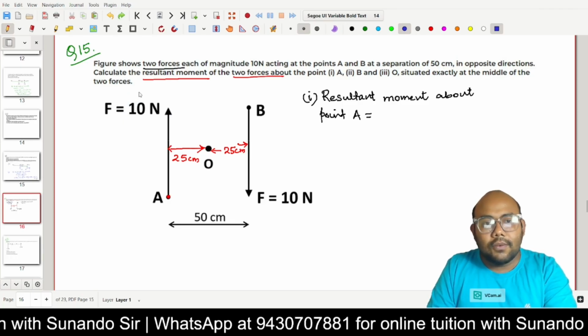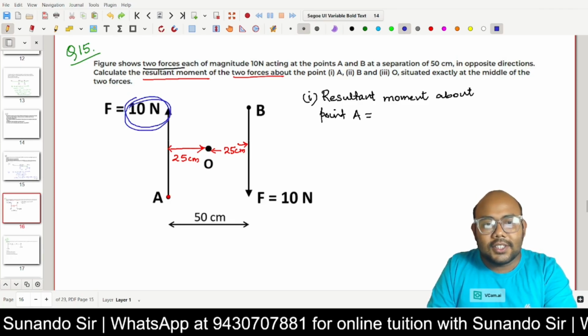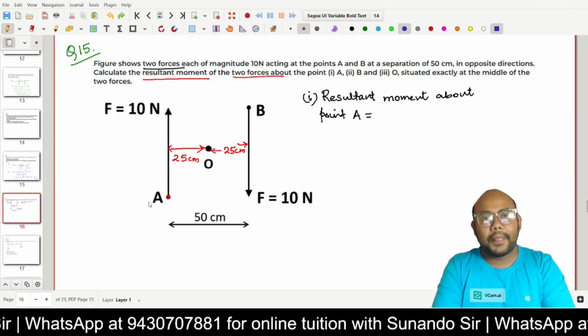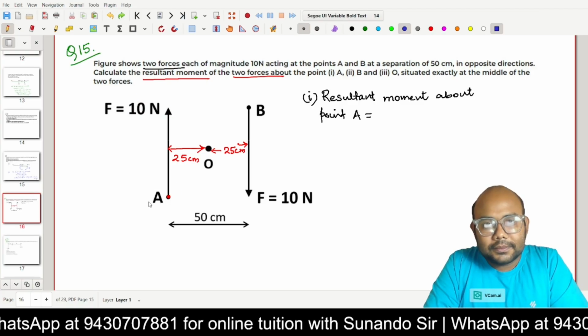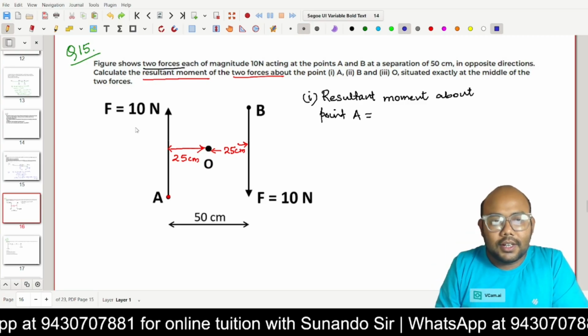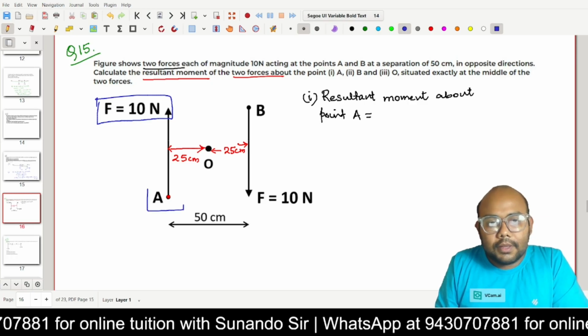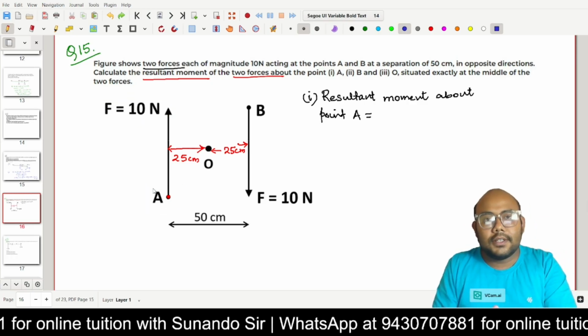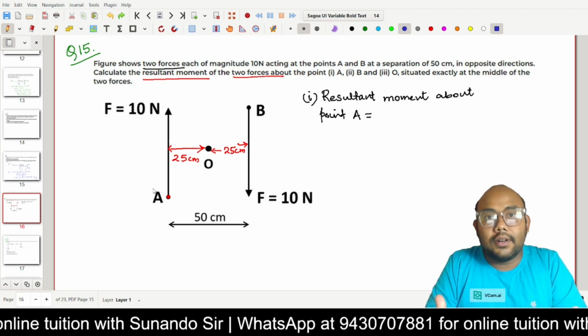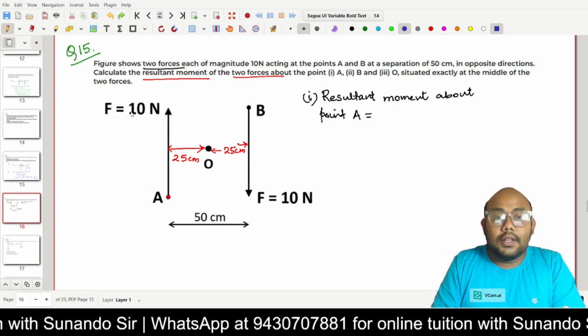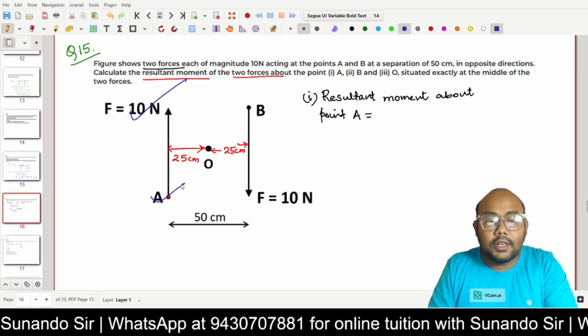So if I ask you what is the perpendicular distance of this 10 Newton from the point A, what is your answer? You will say there is no perpendicular distance. There is zero perpendicular distance between this 10 Newton and this point A.